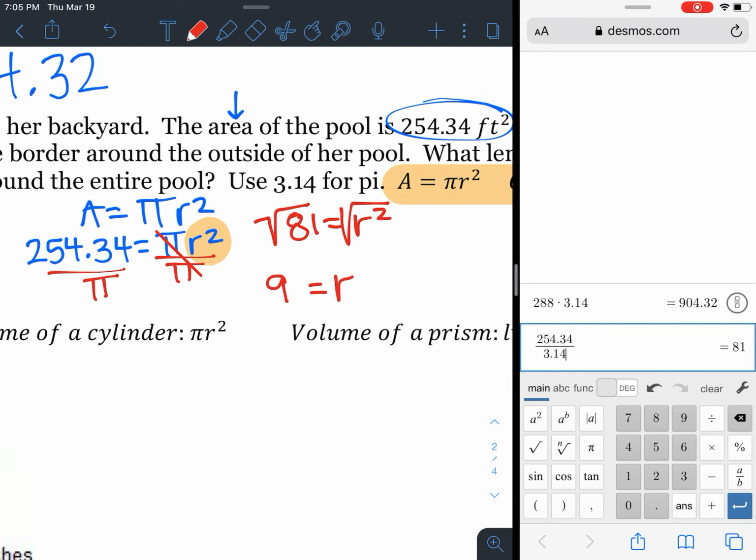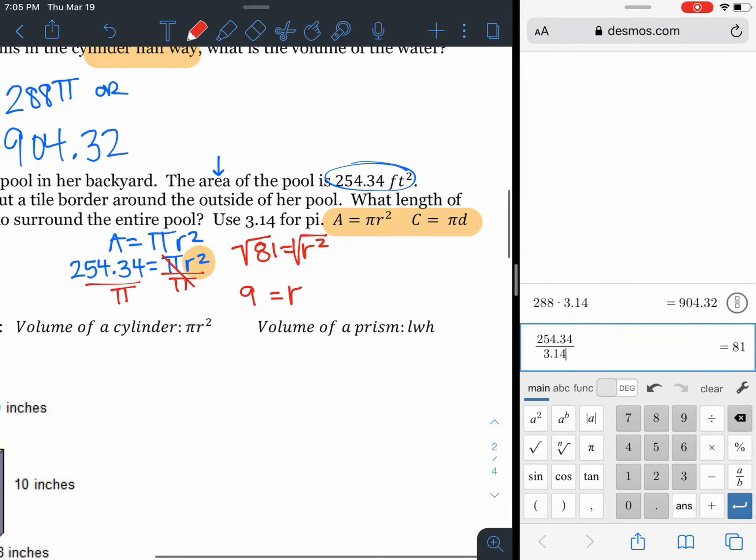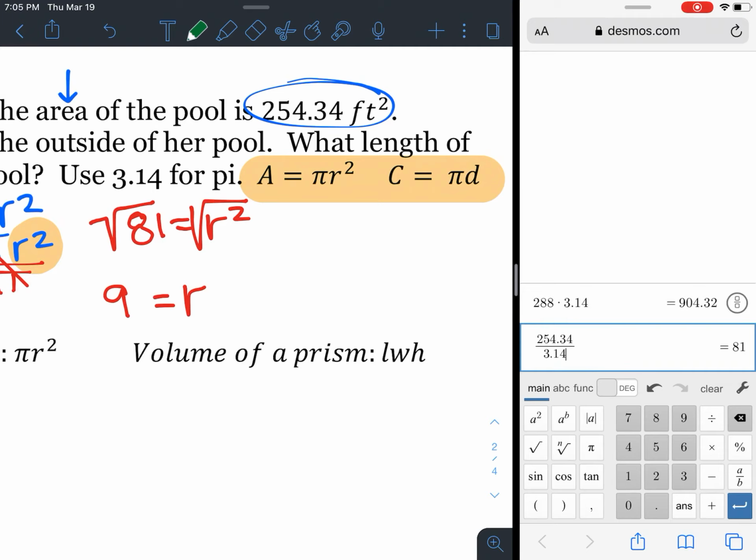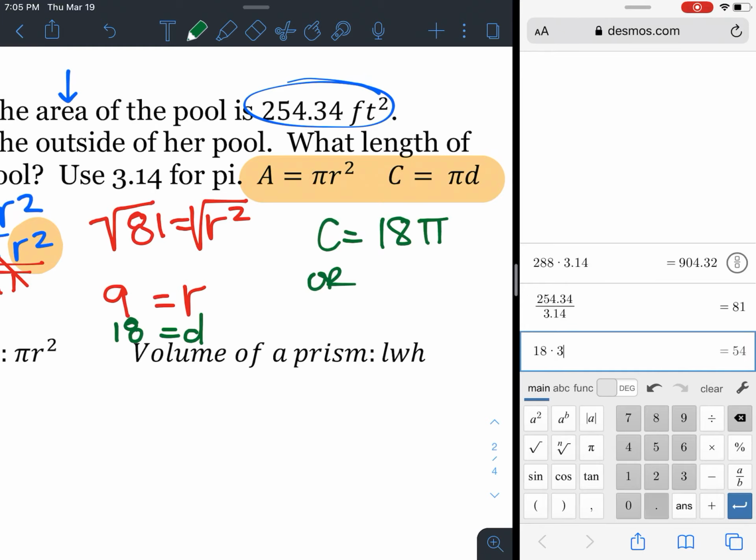The radius is 9. So now use that to find circumference. If the radius is 9, then the diameter is 18. So circumference equals 18 pi, or 56.52.